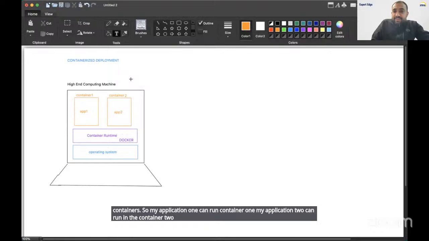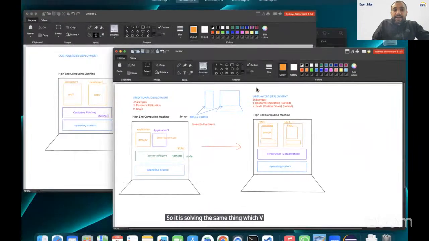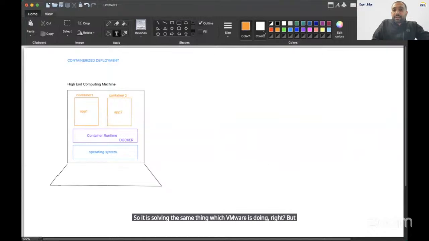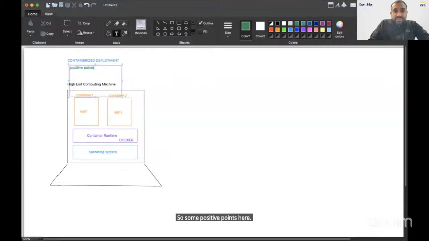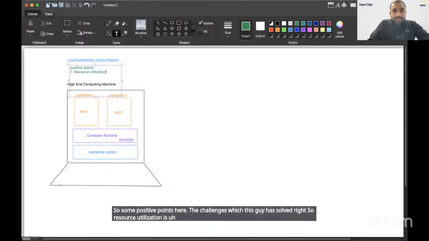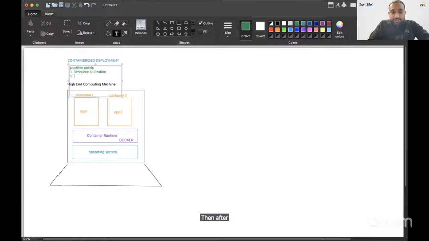So it is solving the same thing which VMware is doing, but it has a few other important things which it highlighted. Some positive points here, the challenges which this has solved: resource utilization is taken care of, because every container will get its own memory and can function according to the configuration we give it. Then we also had the problem of scale, and this is also resolved.